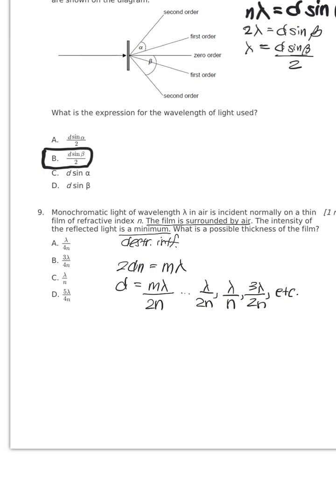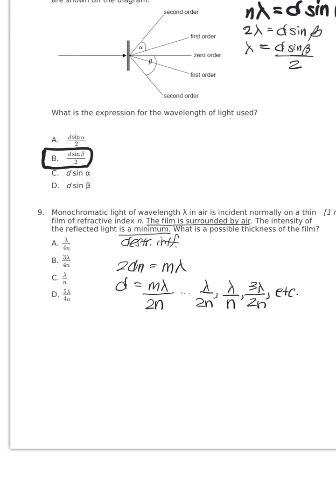Of course, if m were 0, then that would mean that the thickness of the film was 0, and then you wouldn't have any film. So we have to start with m equals 1, since it says a possible thickness of the film. So in order to satisfy this condition, the film could be lambda over 2n thick, could be lambda over n thick, could be 3 lambda over 2n thick. So let's see what we have.